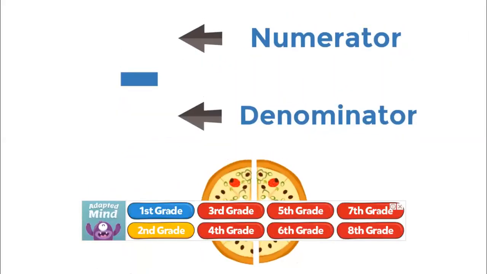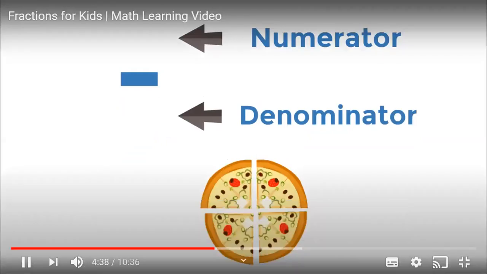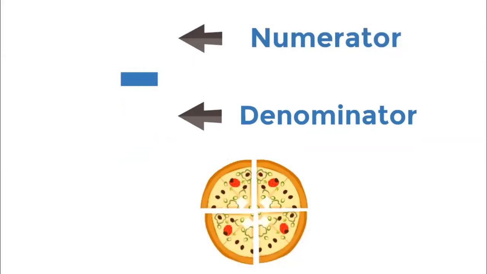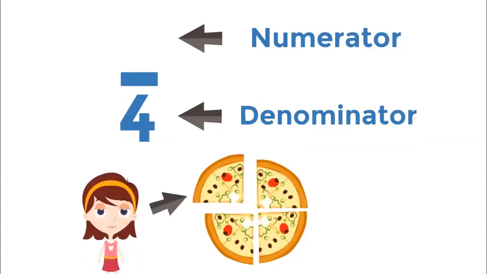Let's try this. Let's say there's another pizza, and this pizza has 4 parts. The number 4 is the denominator because there are 4 pieces of pizza, 4 parts. Let's say Kelly shows up and wants to have 1 part of the pizza, 1 piece of the pizza.